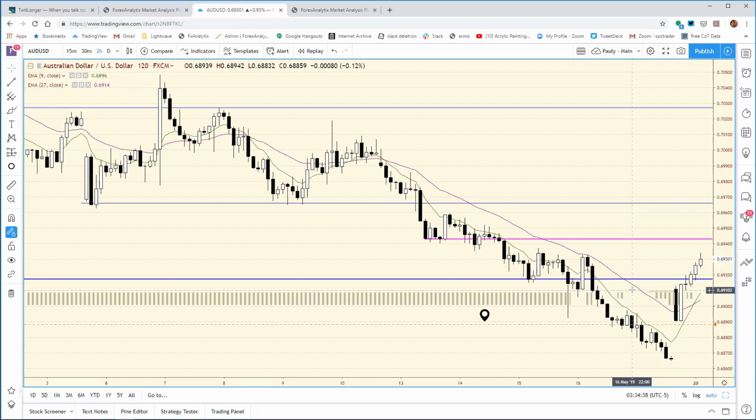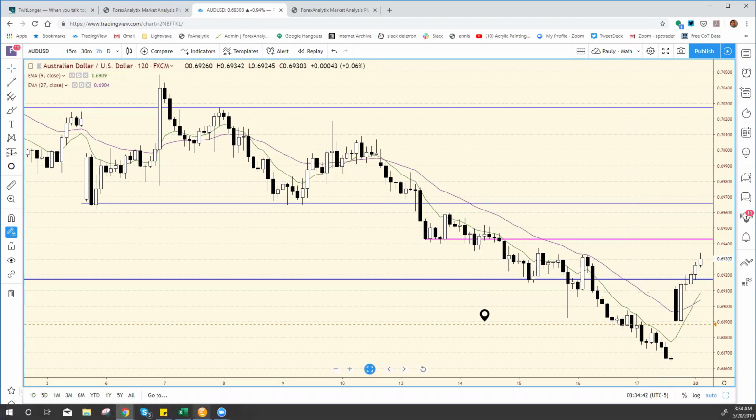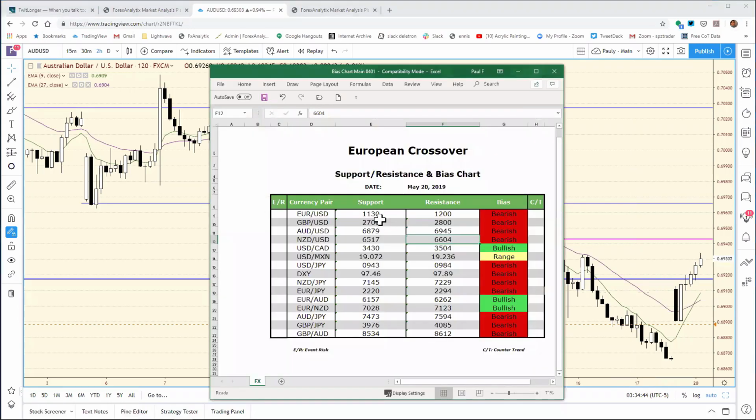Coming right there, we'll call it 69.09 for now. On the dips back, they'll be trying to pick them back up.